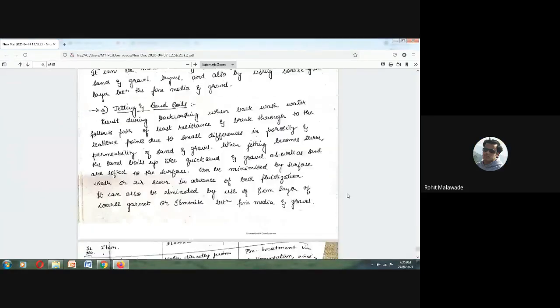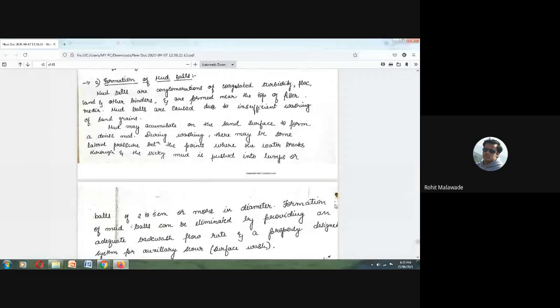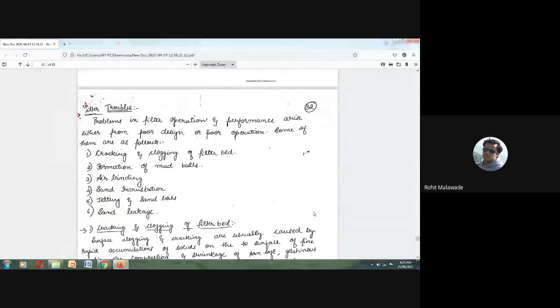Now we will see what kind of operation problems you are going to face in case of your filters. In case of filters, what kind of operational problems you are going to face, that we are going to see.